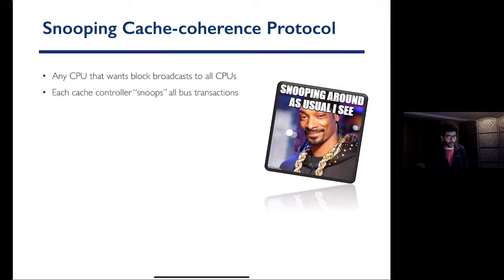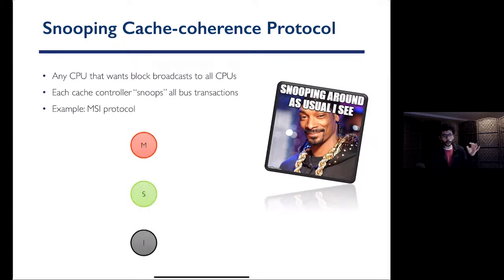Obviously, the snooping comes from the fact that everybody is listening to the same bus. One example of such protocols is this MSI protocol that I mentioned previously. This is a protocol that uses only 3 states. Now let's look at how it works.